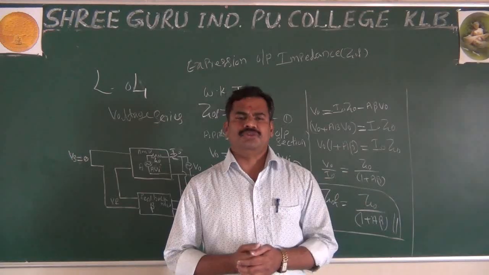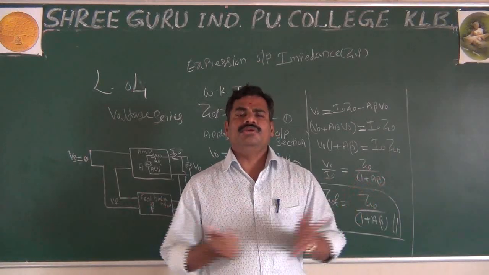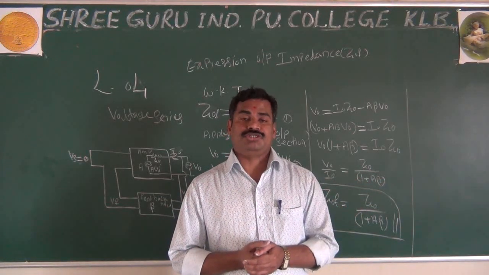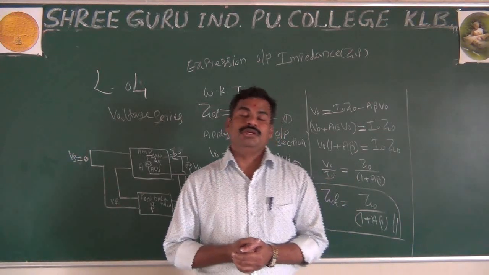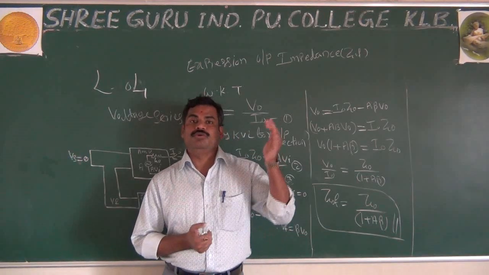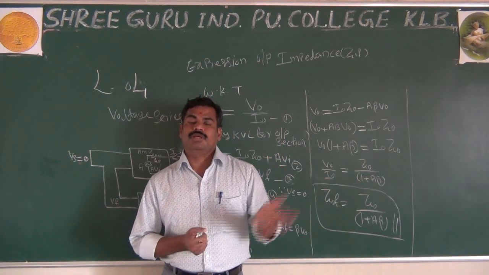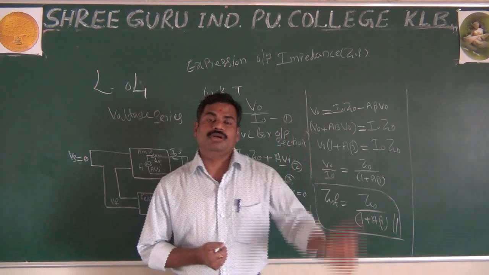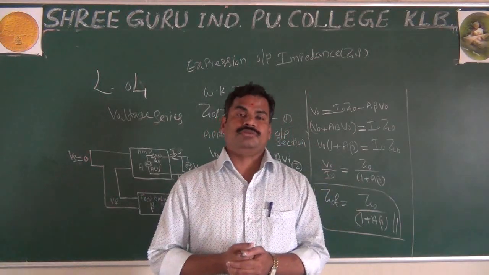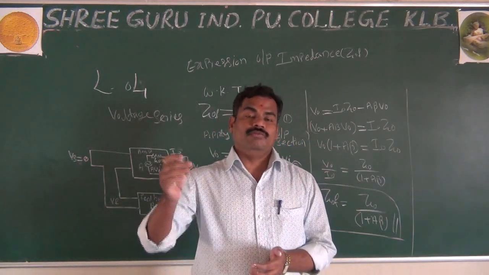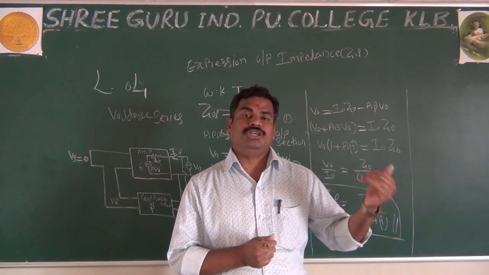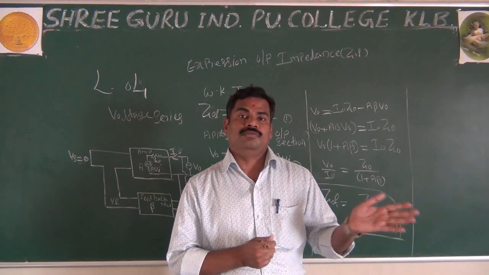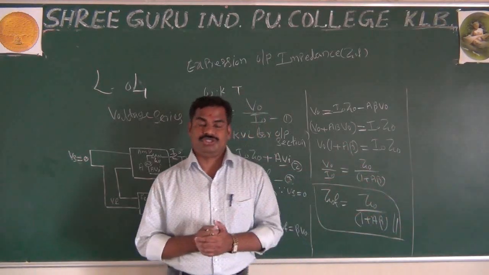Let me ask the question: why do you want very low output impedance? If you have more output impedance, you have more losses. We want to reduce the losses, and we also have to deliver the voltage or power to the load with minimum losses.